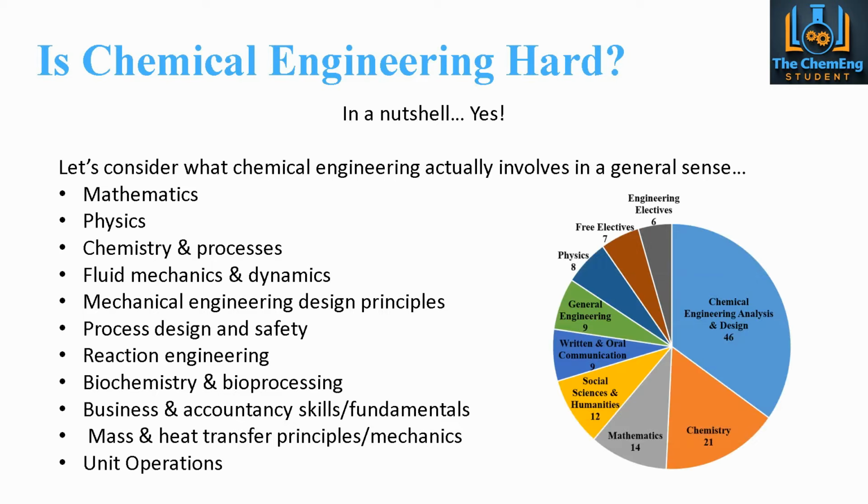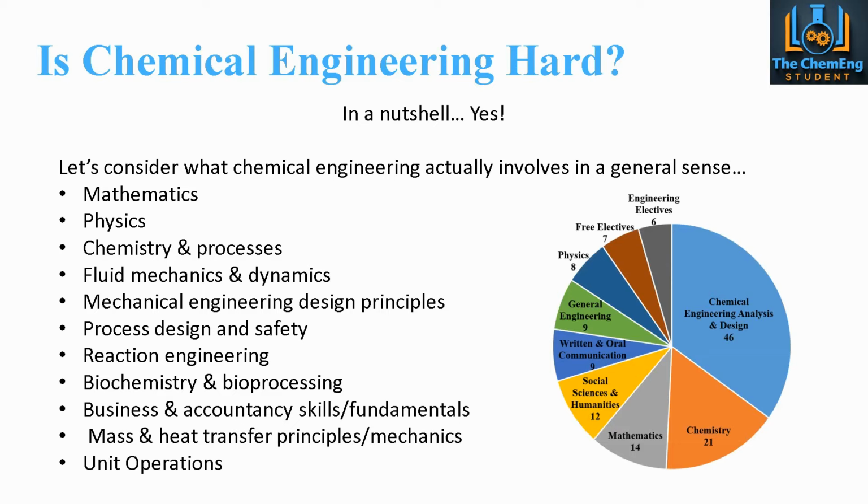And just a rough idea as to the percent that each of these encompass, you'll see that chemical engineering analysis and design constitutes probably the bulk of what you'll be doing as a chemical engineer.